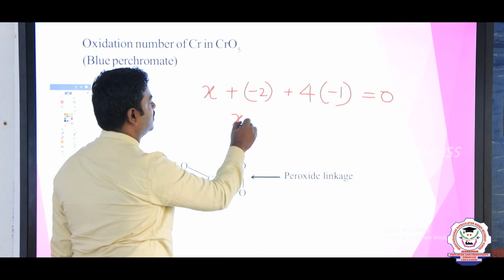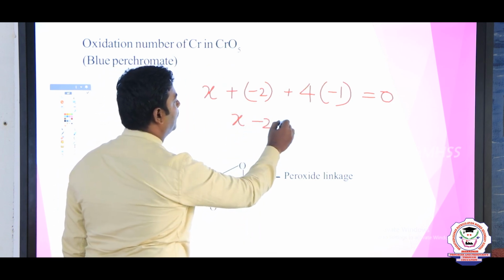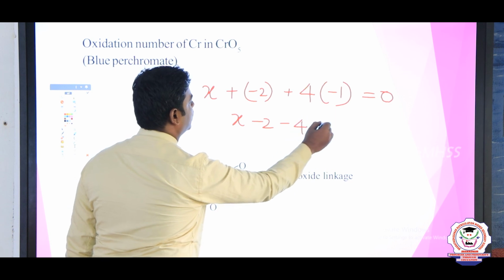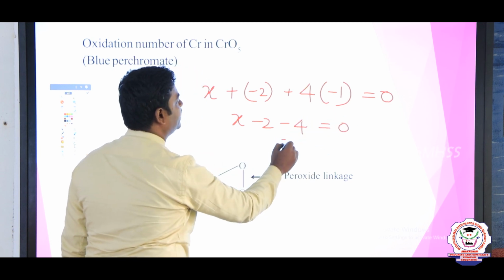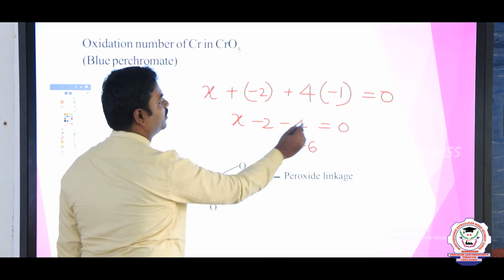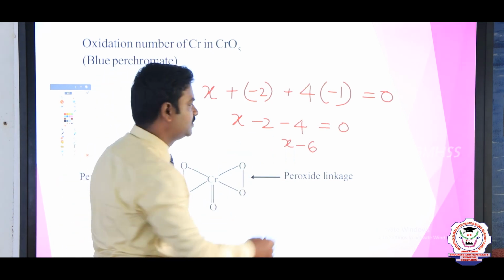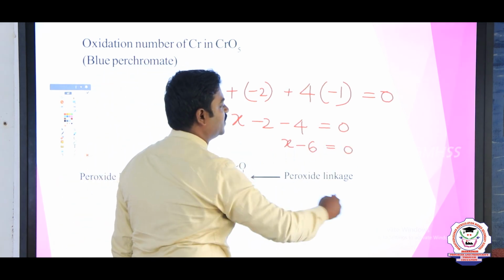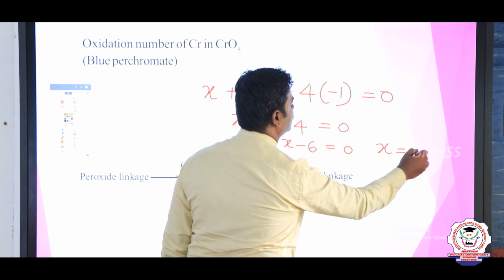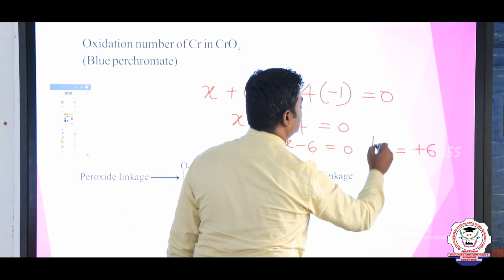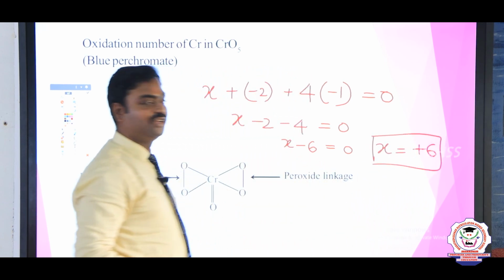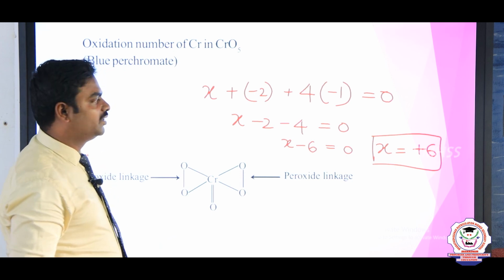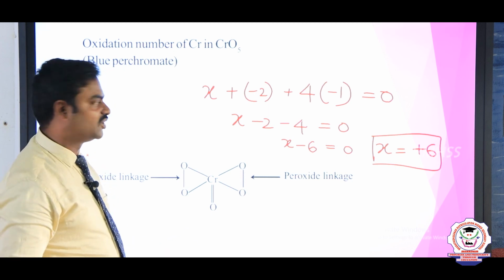So X minus 2 minus 4 is equal to 0. So X minus 6, minus 2 and minus 4 forms minus 6, is equal to 0. So X is equal to plus 6. So this is the oxidation state of chromium. Okay, so you can't calculate it by the usual methodology.